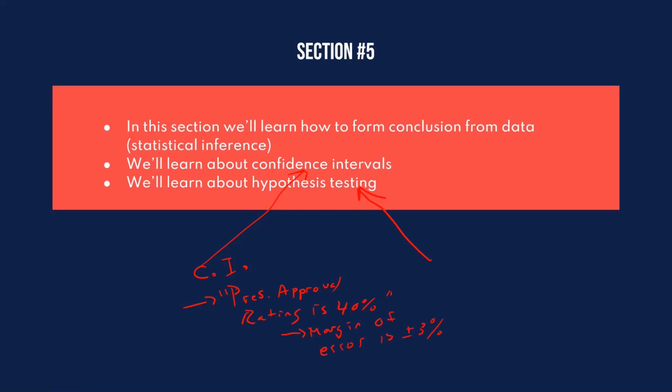That margin of error isn't some made up number. It's actually something called a confidence interval. I'm going to show you how to construct that margin of error. We will take political polls that are on the news and reconstruct them so you can see how they're made. Hypothesis testing is our last topic.